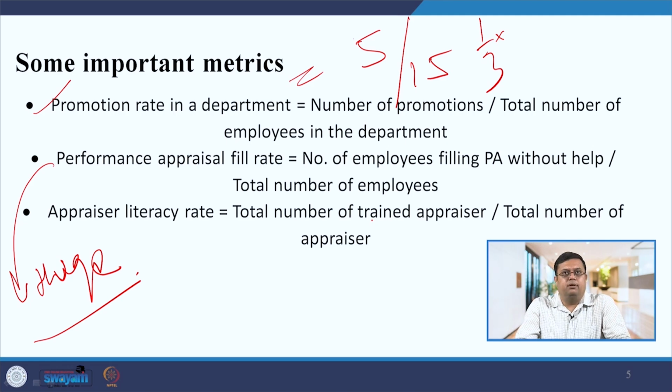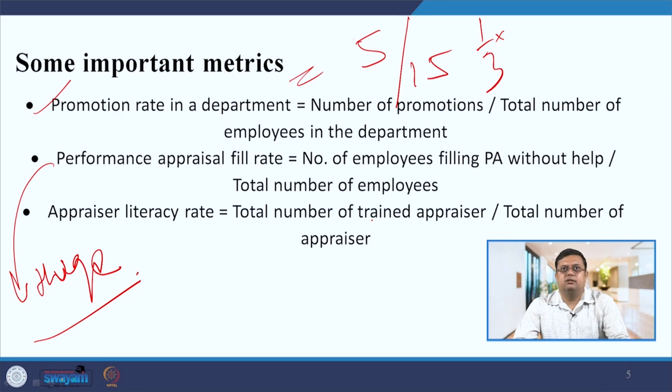So, how many people are trained out of the total number of appraisers, right? These are the three formulas that you can calculate in order to increase the performance appraisal fill rate without any help.